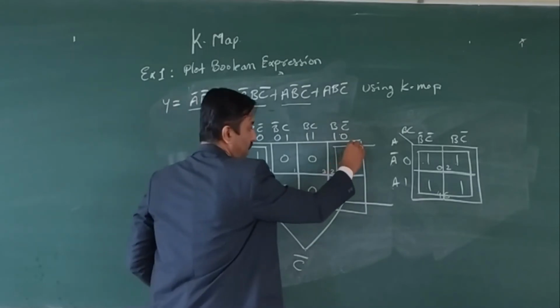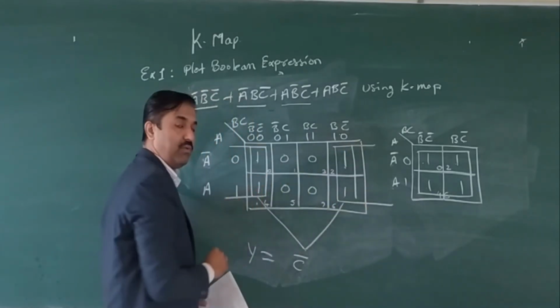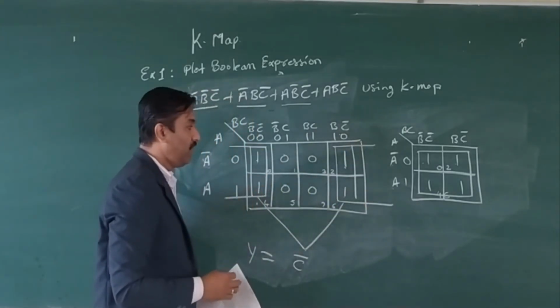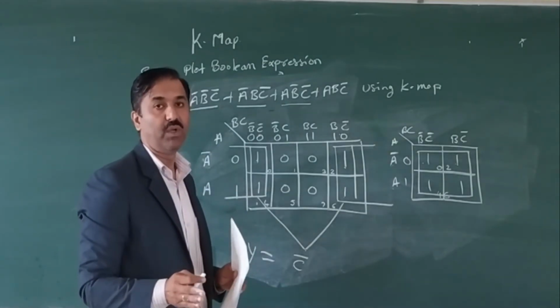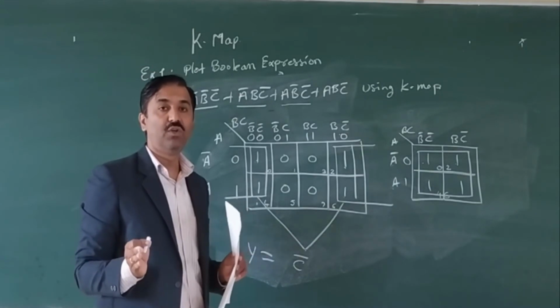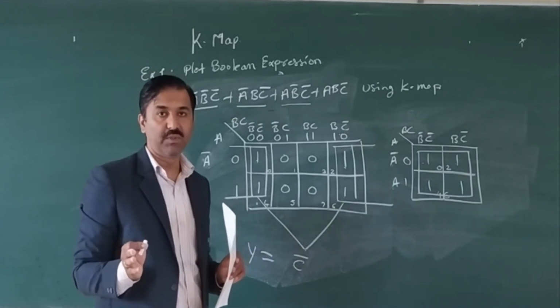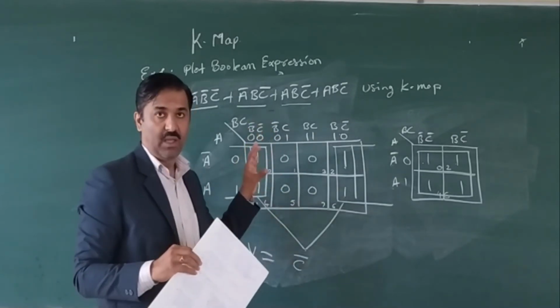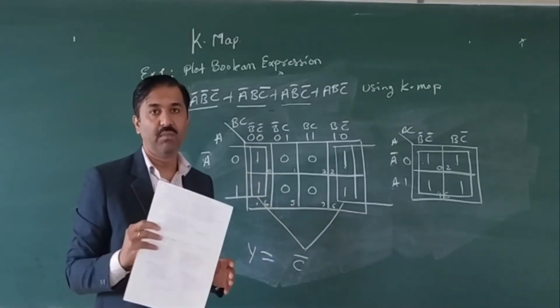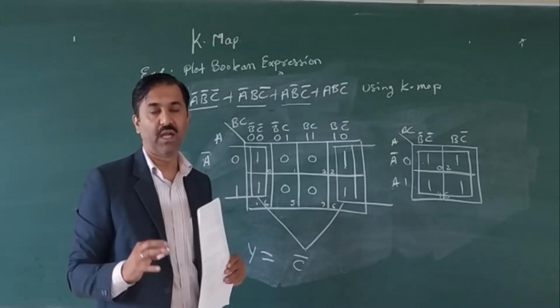So if I group this one and this one, will it be okay? It will be okay, but we are here to simplify the Boolean expression. So there should be minimum terms in a given expression, so that while developing a circuit for this particular expression, it should have minimum complexity and minimum gates being used.